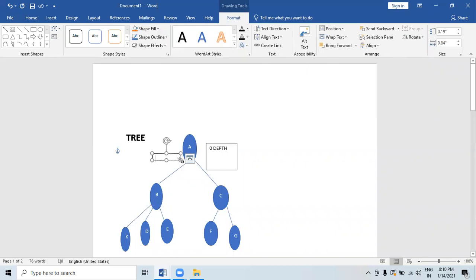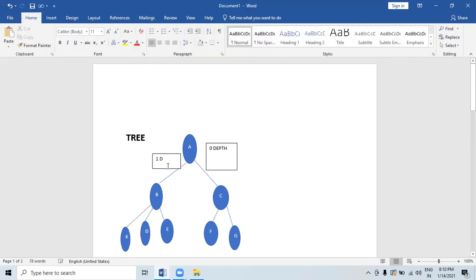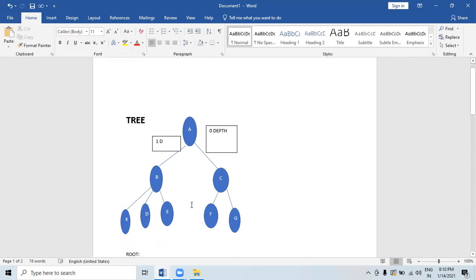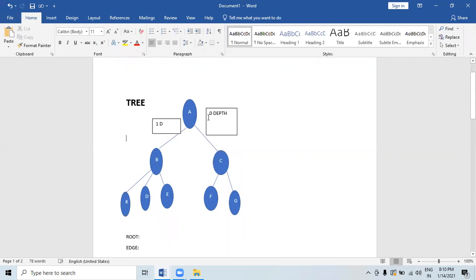Then start from 0, 1, right? Then this is 2, again this is 2, then this is 3.